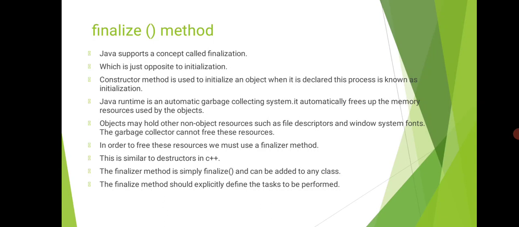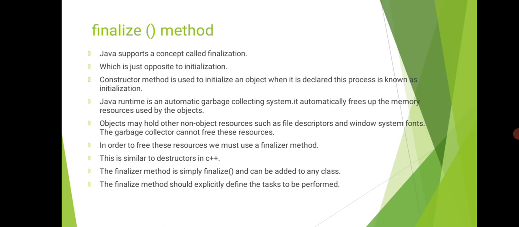Java is a robust and secure language, right? Why? Because it has a garbage collector heap. This garbage collector heap looks after the objects which are to be created, which are already used, or which are running. Everything, that is object creation and object deallocation, is done by the garbage collector heap, right?